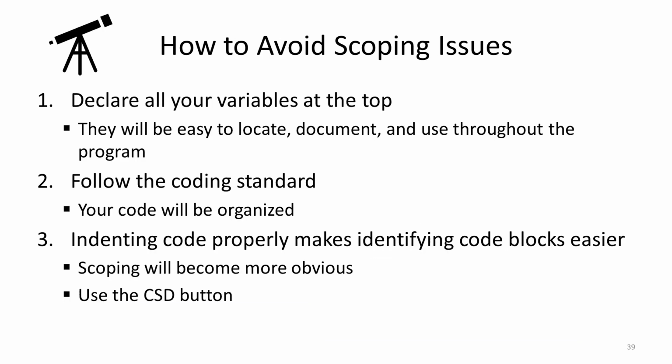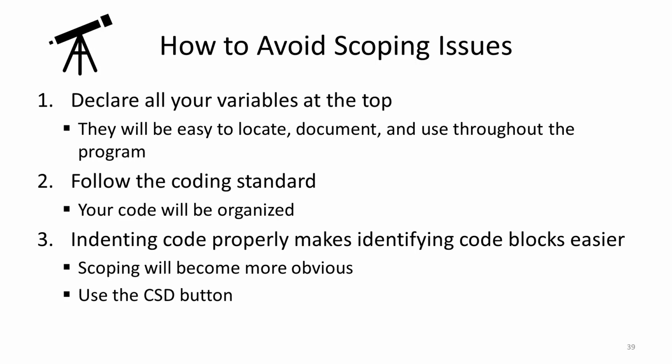So now our programs are going to become more complex, and variable scope is something that you need to be aware of. When I do my examples, I usually declare and initialize all my variables at the very beginning of my program. The reason for this is because it makes it easy to locate, document, and it allows the variable scope to be anywhere after it.